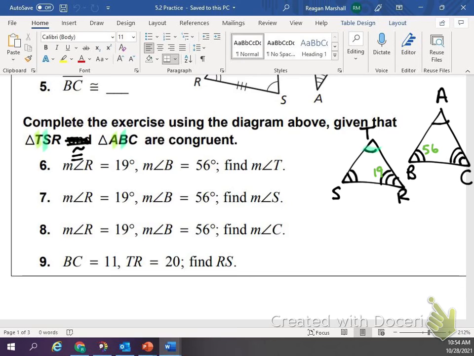B, which is 56, right? So then how do we find the measure of angle T now? You add these together, subtract from 180. Correct. We're going to add them and then subtract from 180. So what is 56 plus 19? 75. 180 minus 75 is 105.